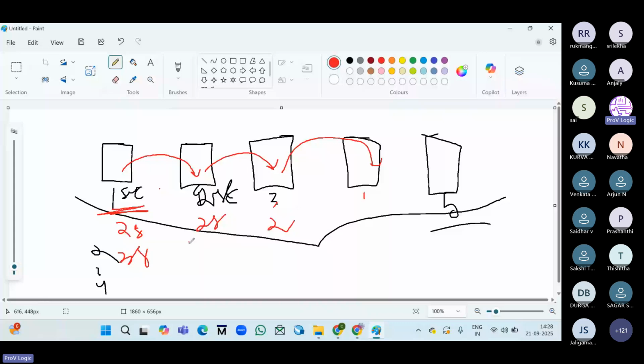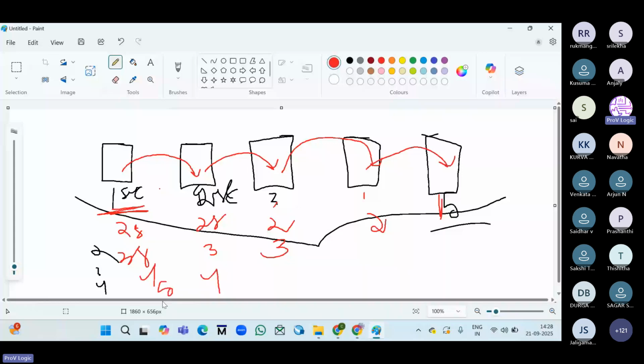Finally, when the first instruction moves to the write back stage, the second instruction comes to memory access, the third to execute, the fourth to decode, and the fifth to fetch.